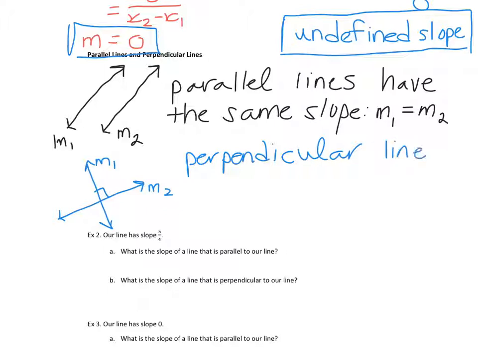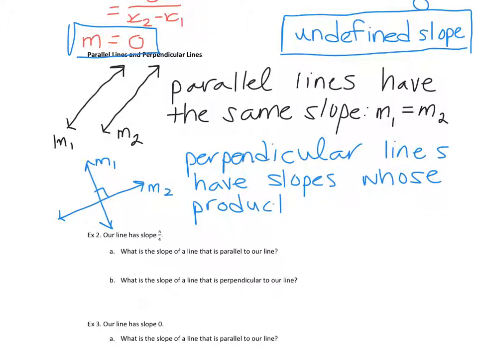So perpendicular lines have slopes that are opposites. Another way of saying that is whose product is -1. So negative reciprocals is what we call that.